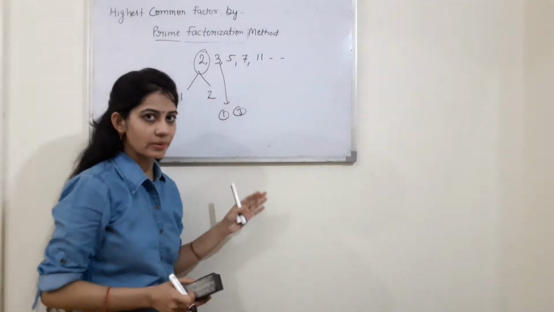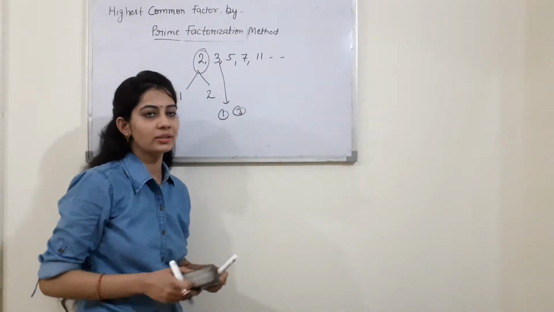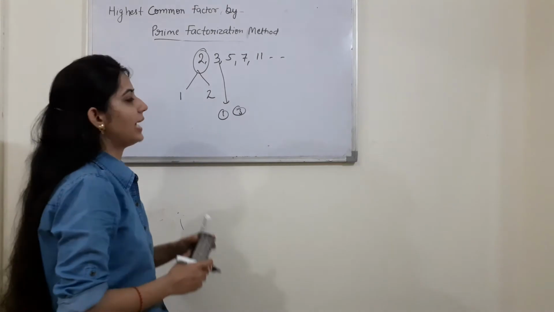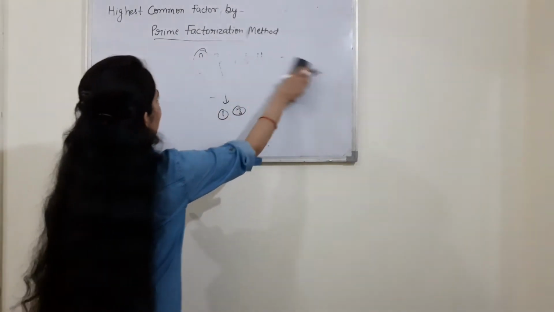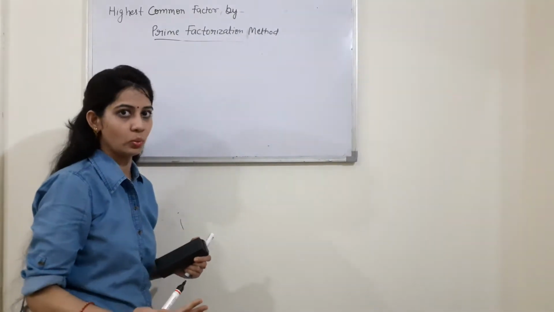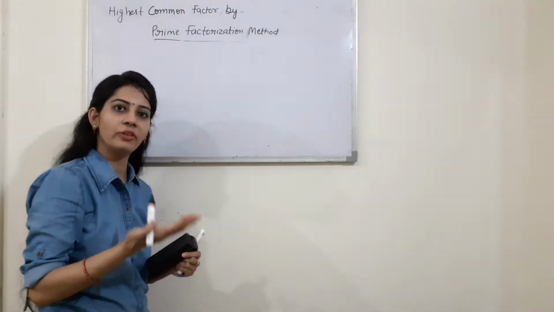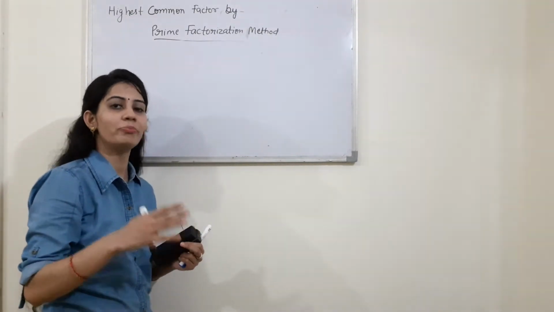Because 3 is divisible by 1 only and by 3 only, right? So that's why these numbers are called prime numbers. So now in the prime factorization method, whatever numbers we are given, we will write the number in the form of prime numbers.